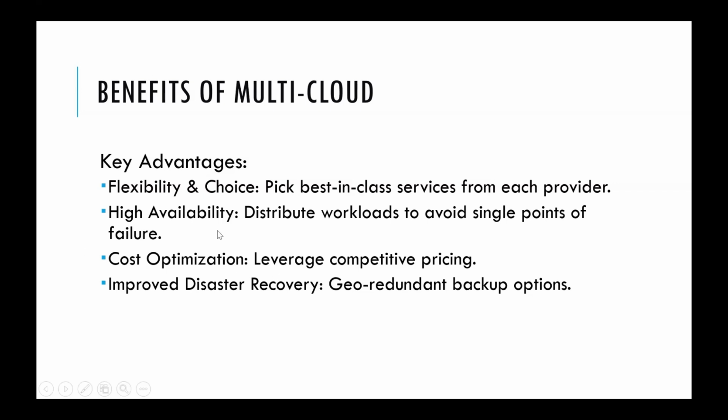So you get the advantage of this competitive pricing. And the last one is improved disaster recovery. Geo redundant backup options are enabled in this strategy so that whenever something is down or some region failure is there, you can always recover your data, so it improves the disaster recovery as well.